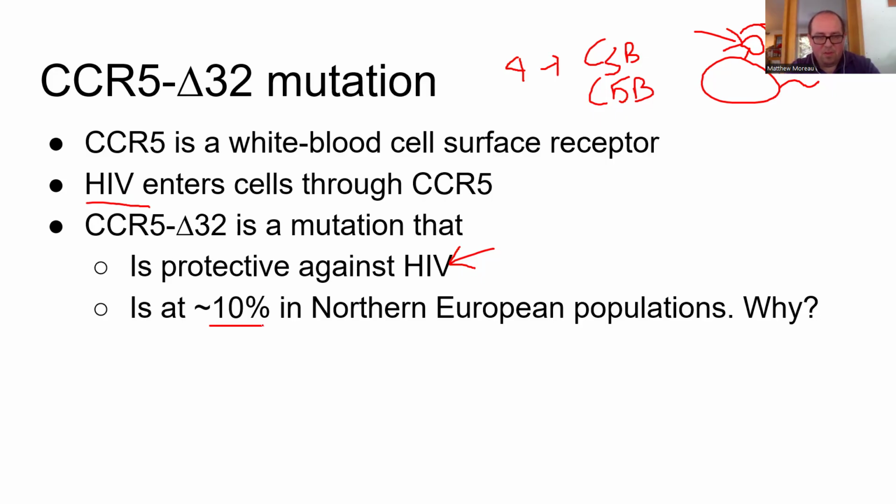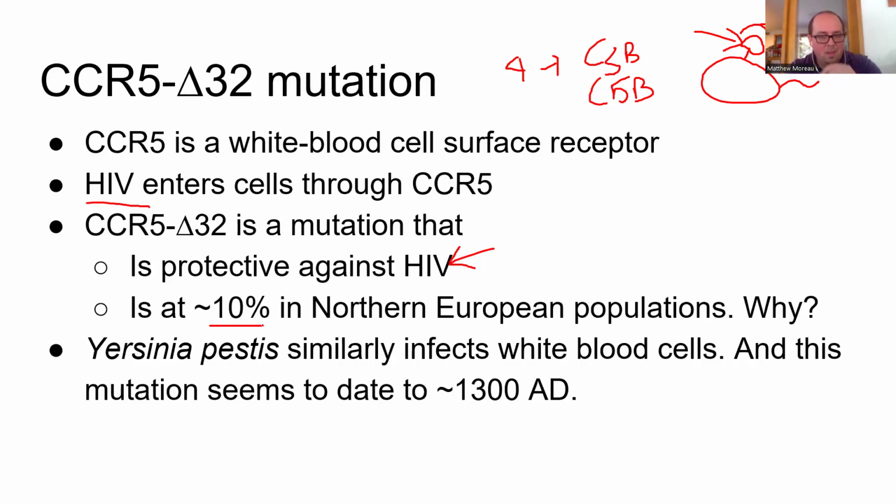So if you look at Northern European populations, this particular mutation occurs at about 10%. And people originally thought that this might be a kind of functional callback to the fact that people in Northern Europe had a somewhat larger resistance to Yersinia pestis outbreaks.